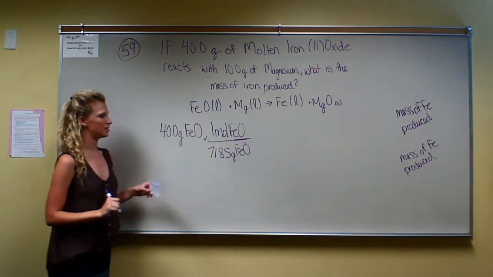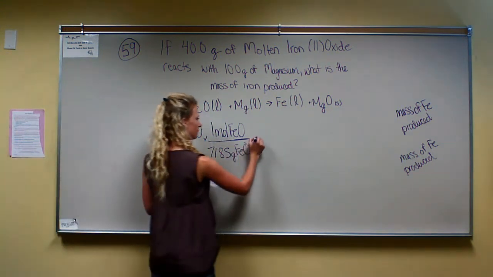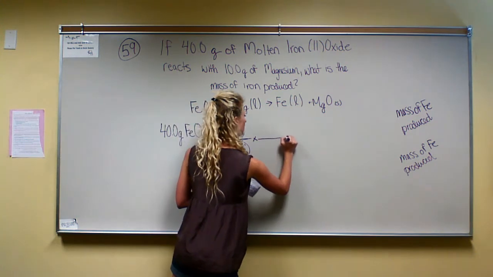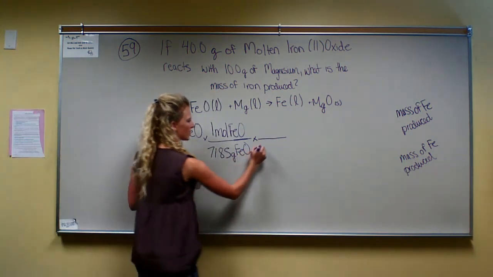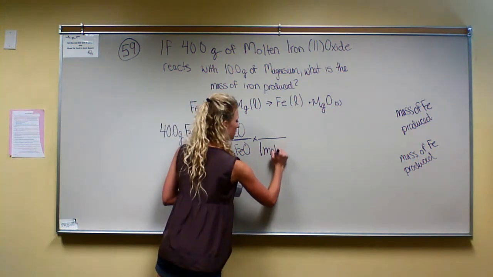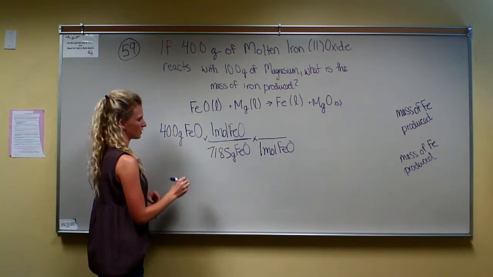The next step is to get 1 mole of iron by itself without the oxide. We're going to do that by putting 1 mole of iron oxide in the denominator here so that we can cancel out the iron oxide.